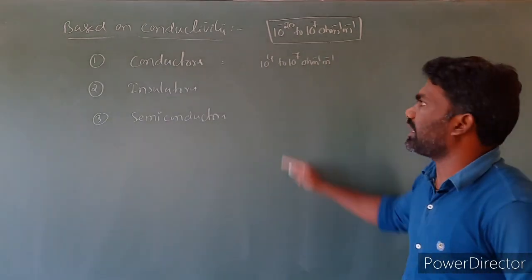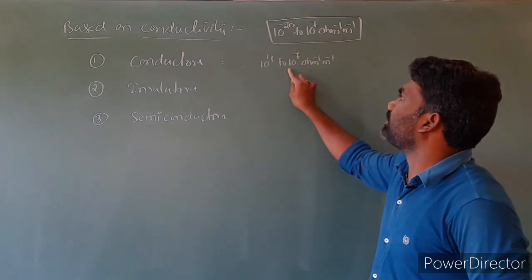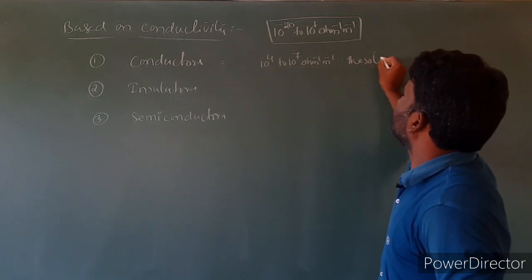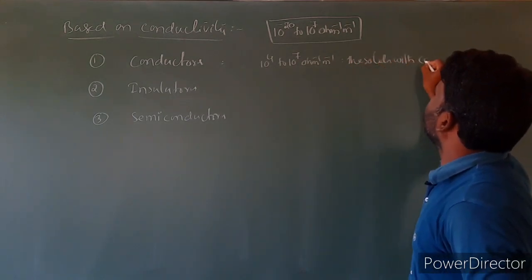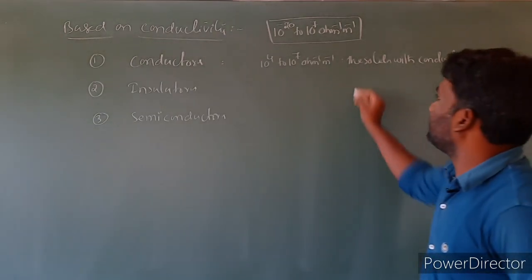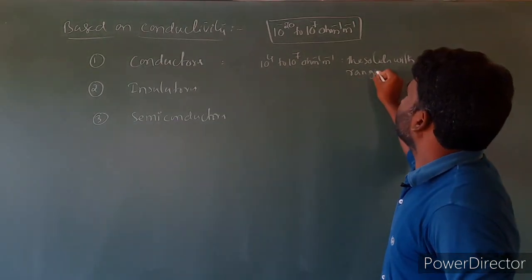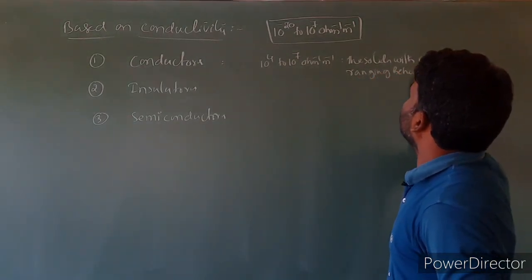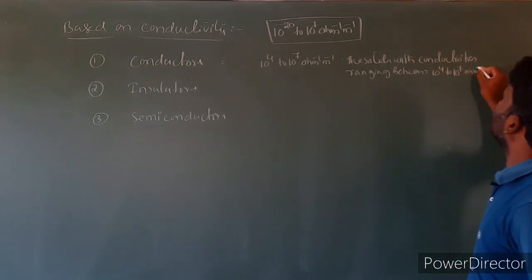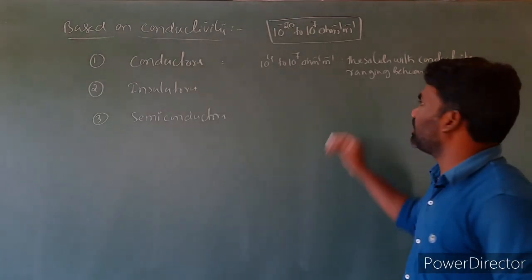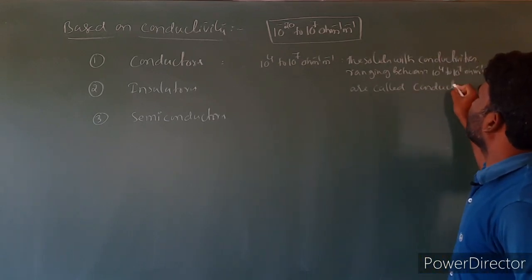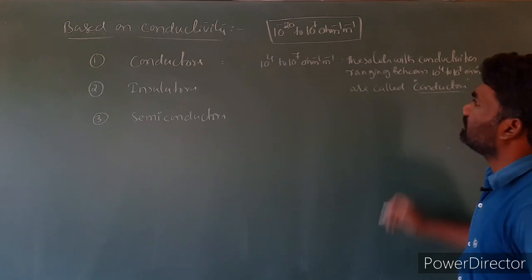As the definition: the solids with conductivities ranging between 10 power 4 to 10 power 7 ohm inverse meter inverse are called conductors. This is the first one.